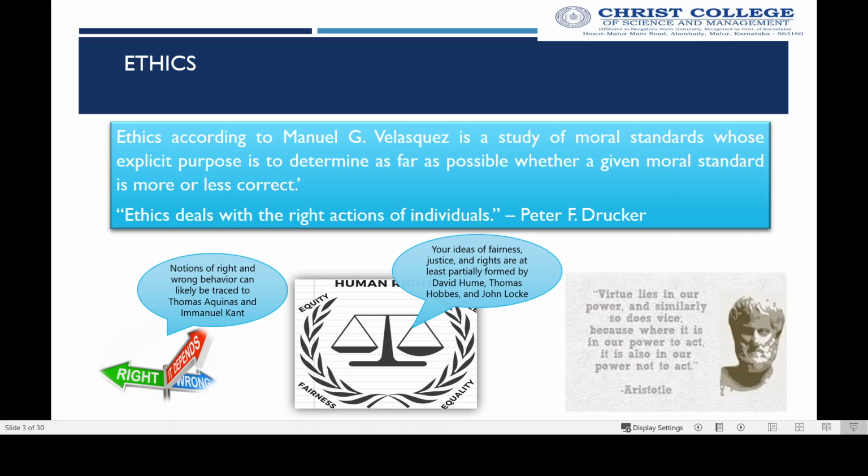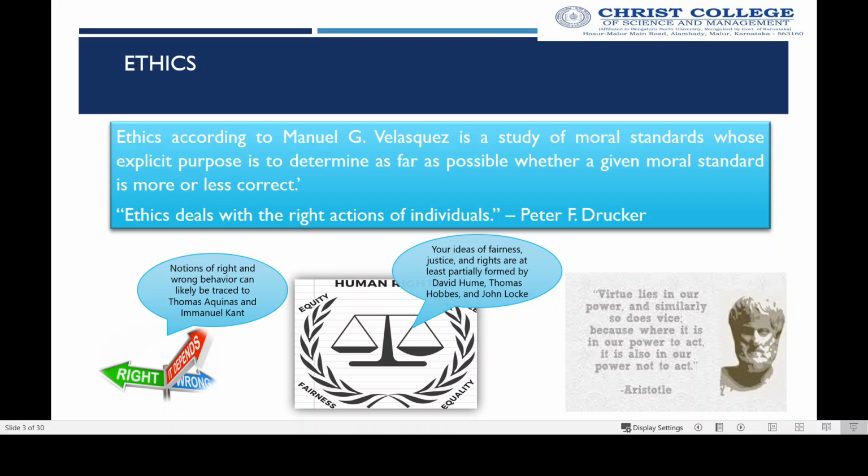all those things came up during the time of David Hume, Thomas Hobbes, and John Locke. And ethics, in some way or the other, is influenced by religions. Each religion has its own contribution towards ethics. For example, Hinduism has given so much to ethics, like "karmanyeva adhikaraste, ma phaleshu kadachana". So the Bhagavad Gita has given so much towards ethics.